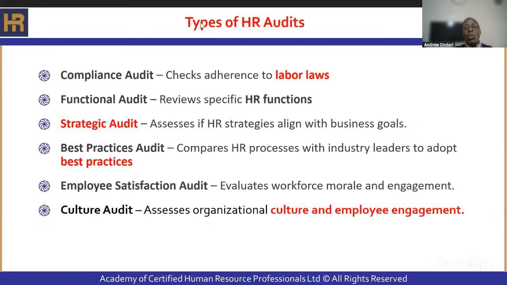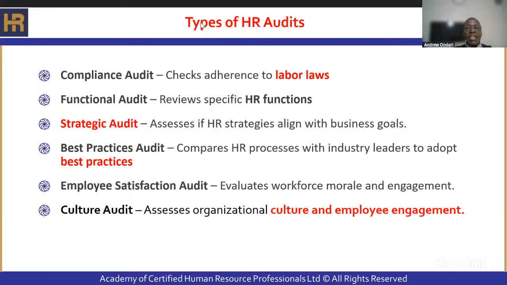So what are we going to audit in these functions? The efficiency and effectiveness of those functions. Efficiency is the cost aspect, which I've mentioned. Effectiveness is the results produced in those functions. Whether it's recruitment, do we get the right people?